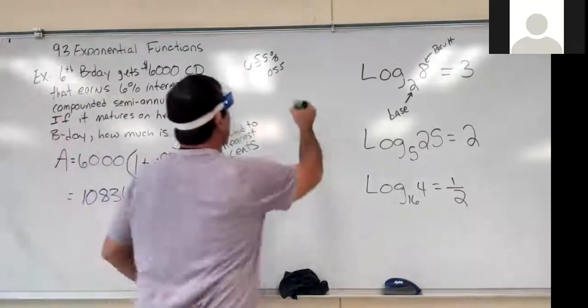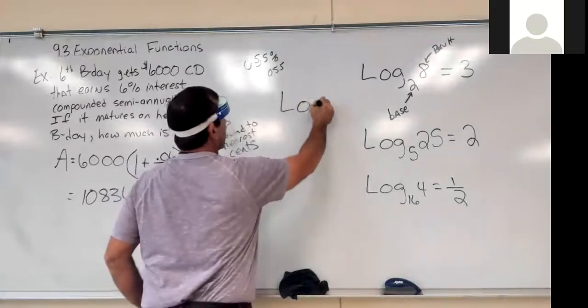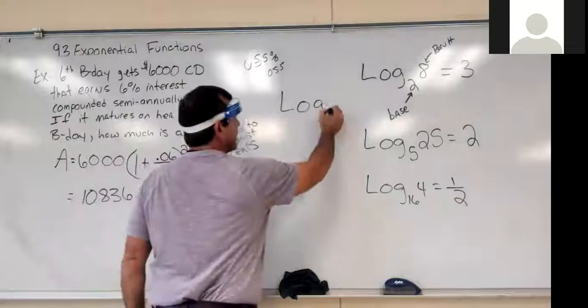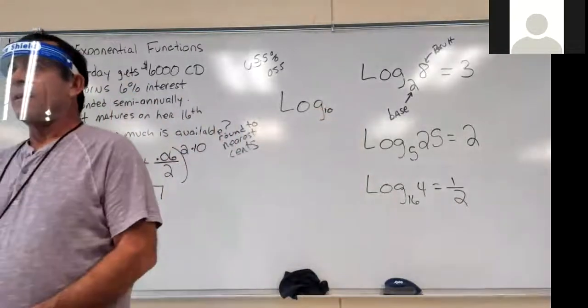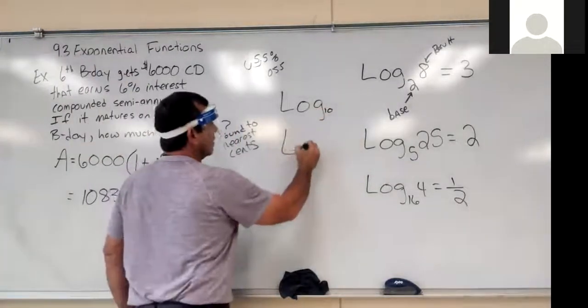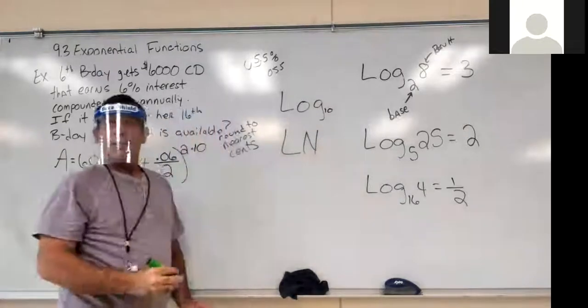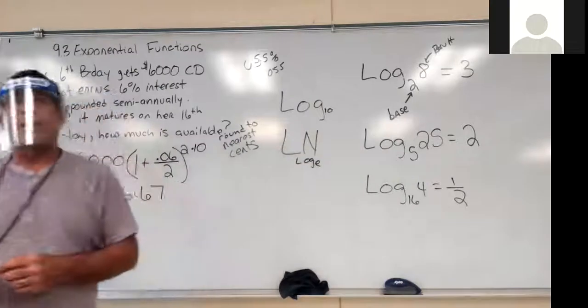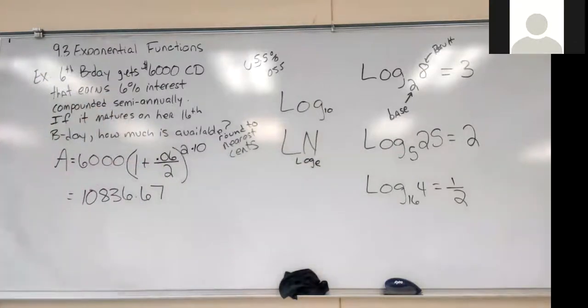Also, if you see this one on the calculator, it ain't got a number by it. That automatically means that base is a 10. And then you got an LN on there. The LN is really a log with that little E for the base. And we'll evaluate both of those next class, the logs and the natural logs, okay?